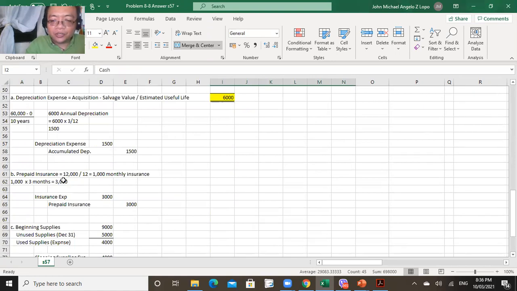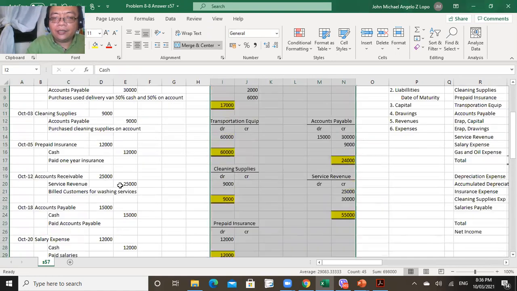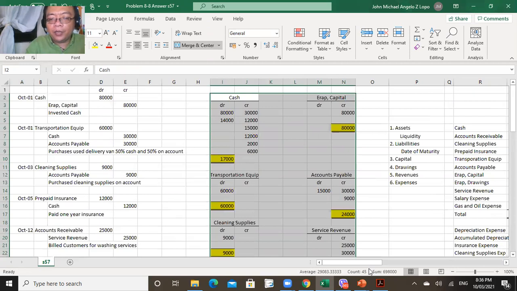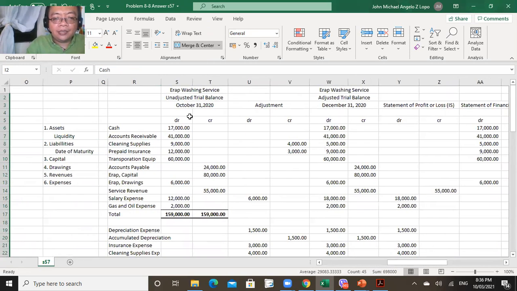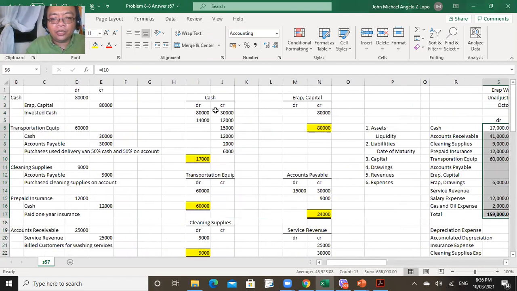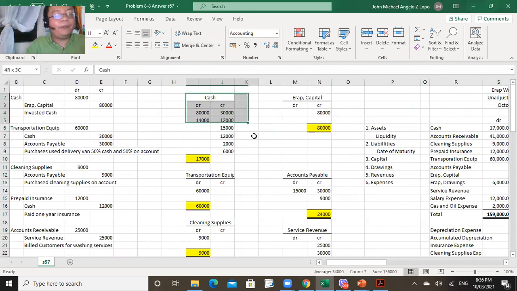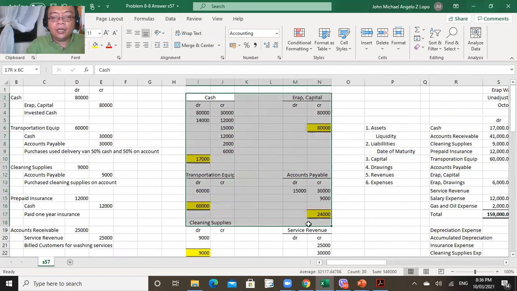There are a lot of adjustments in reality. And then you prepare your worksheet. All of your trial balance, where does it come from? All are to be transferred from your ledger to the trial balance.